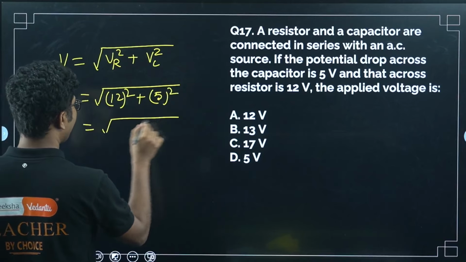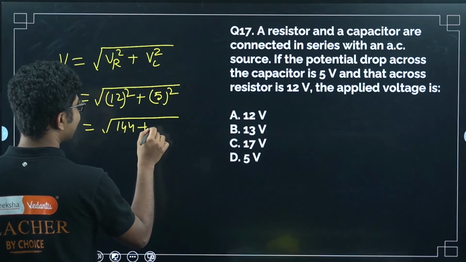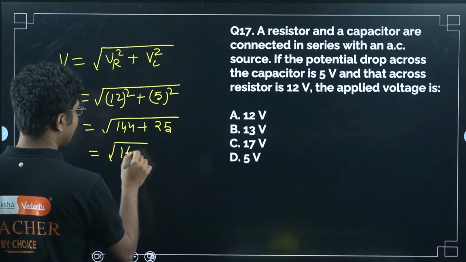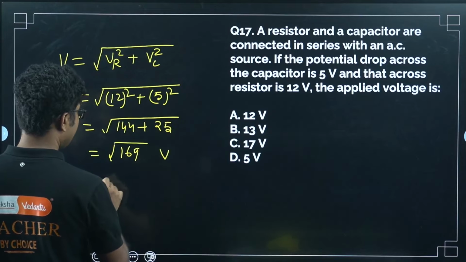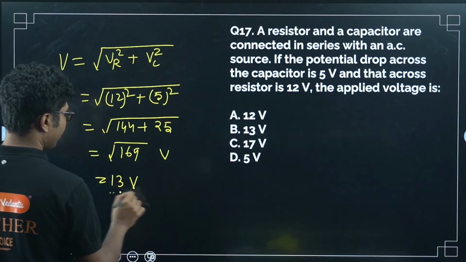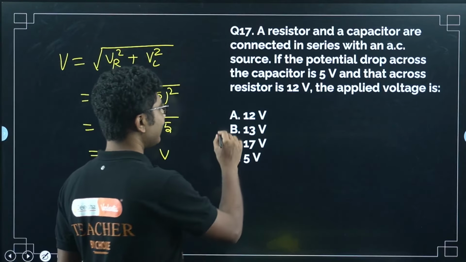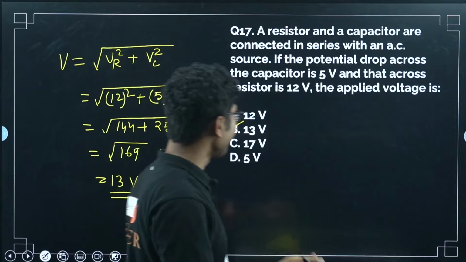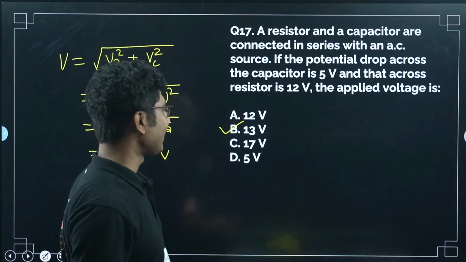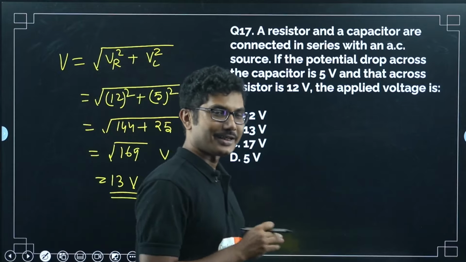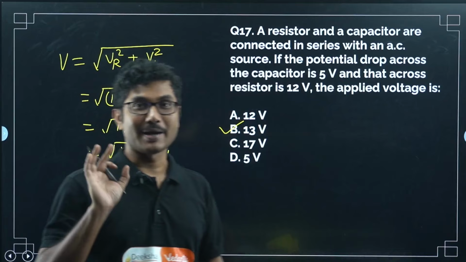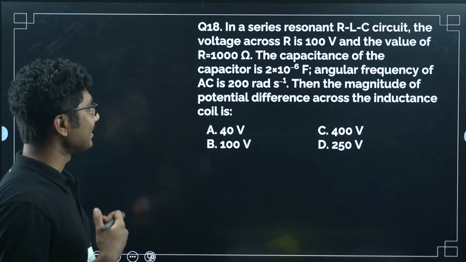So it will be 144 plus 25, that is 169, that is 13 volt. It's not 17 volts, not 12 minus 5 which is 7 volts, it is 13 volts. So you have to be careful while solving AC problems. Even though they appear very simple, there are some tricks involved.